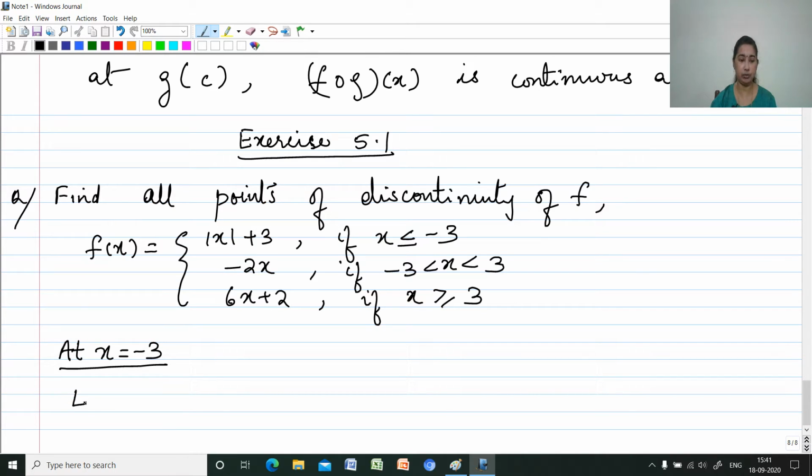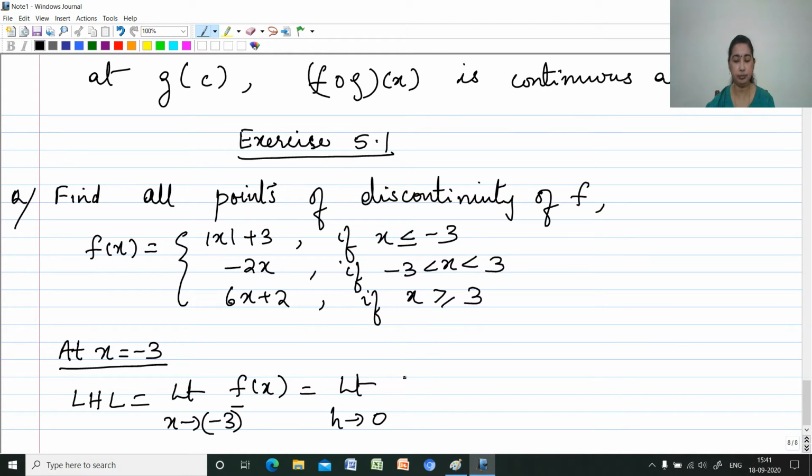For that we have to find what is LHL. Left hand limit is equal to limit x tends to minus 3 minus f of x. It is the same as limit h tends to 0 f of minus 3 minus h, since it is left hand limit.